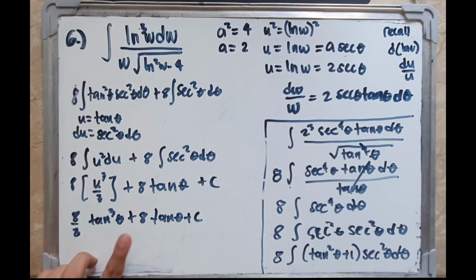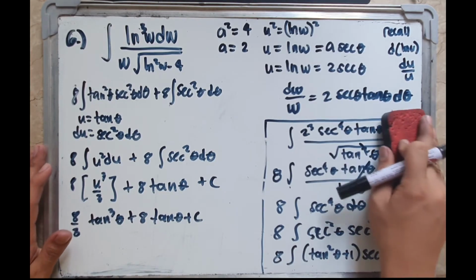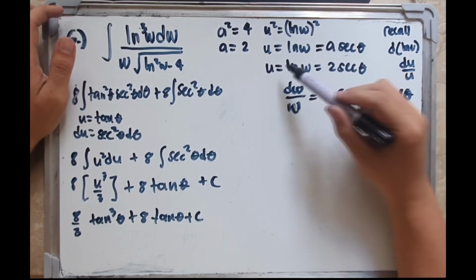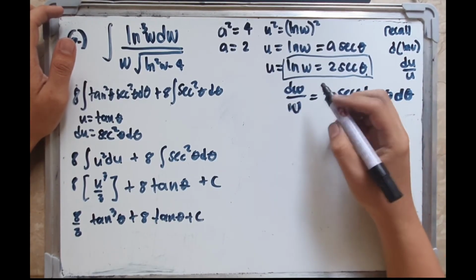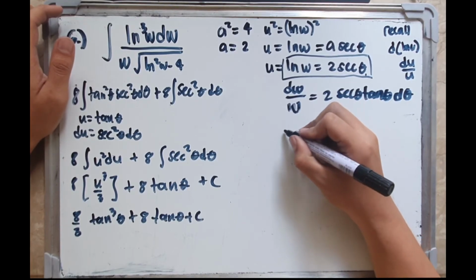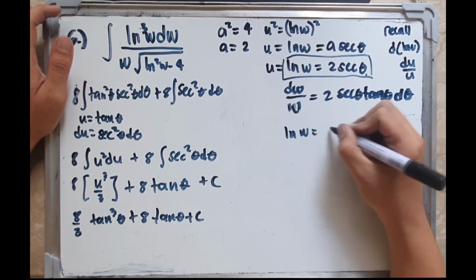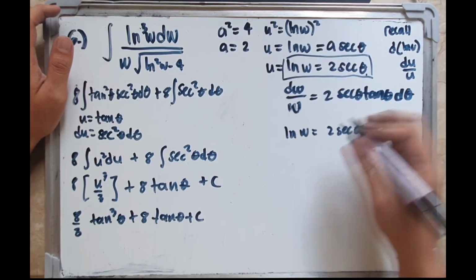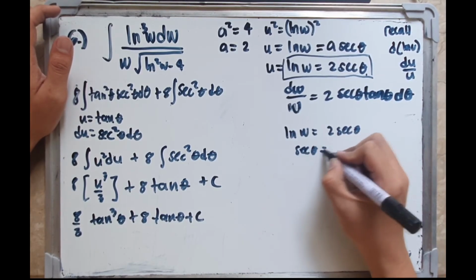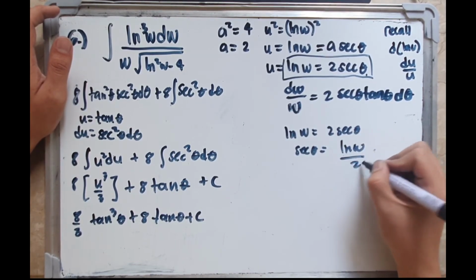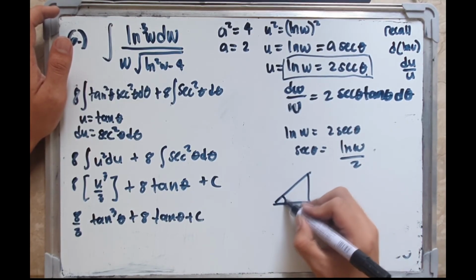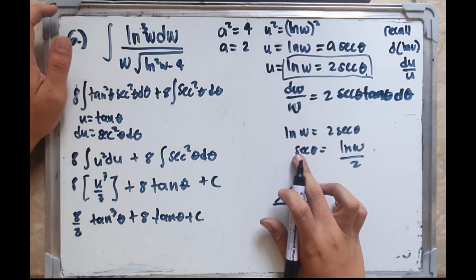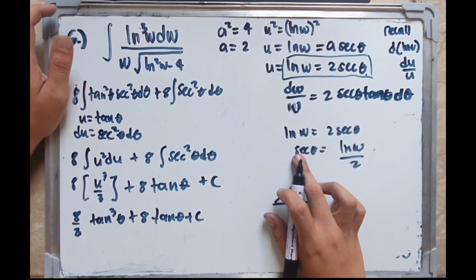Let's convert this back into algebraic. Let's use this one: ln w is 2 secant theta. Therefore, secant theta is ln w over 2. Construct the right triangle. When we say secant, that is hypotenuse over adjacent.